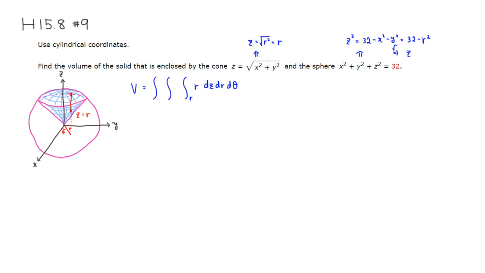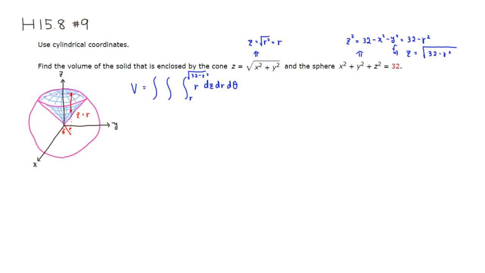So z is equal to, and you would have to put a plus or minus, but I will just look at the positive one because we're looking at the top side. So it's the square root of 32 minus r squared. So that will take care of that.